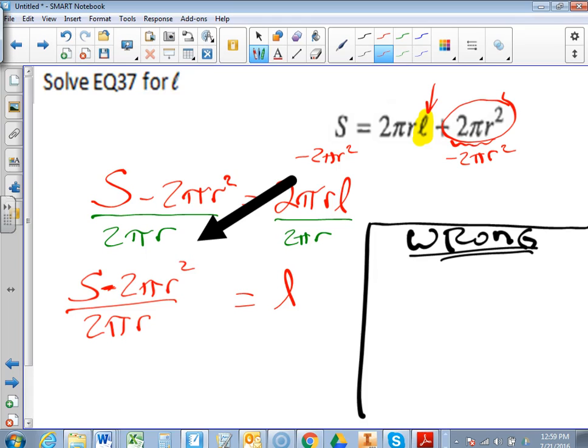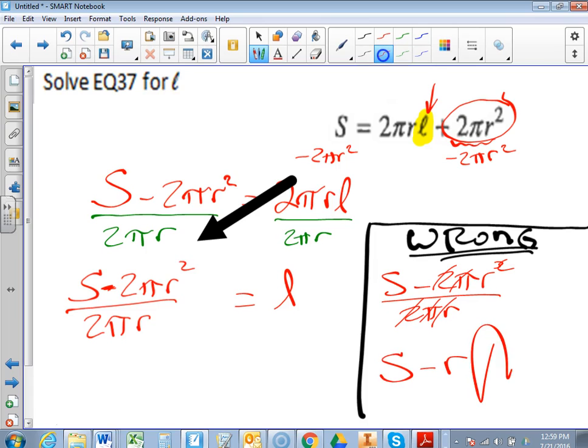You cannot do this. So you cannot take the left side of that equation and say, all right, 2 pi r. Oh, wait, the 2 and the pi and one of the r's cancel out. And so that's just s minus r. Awesome! No! No, you can't do that. No, that is not allowed.